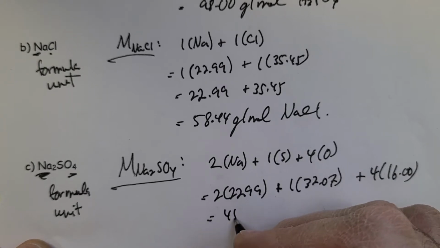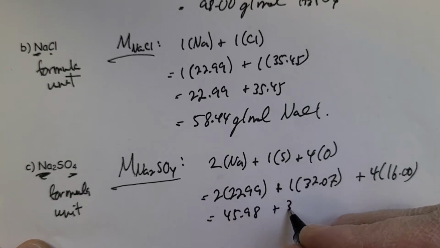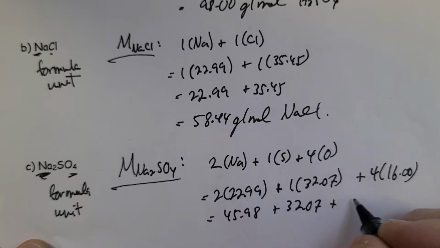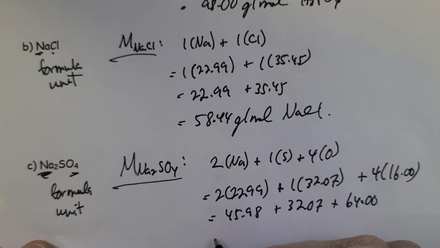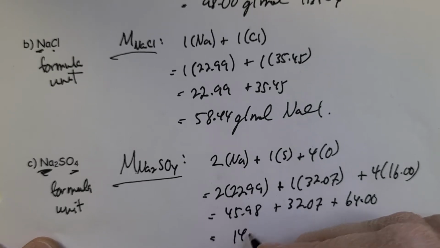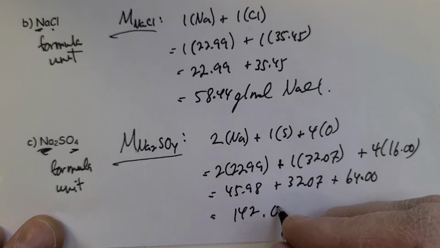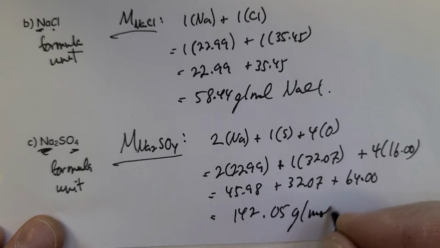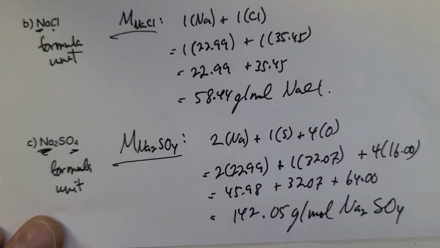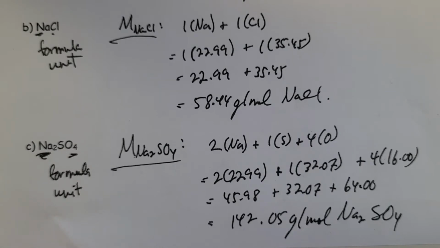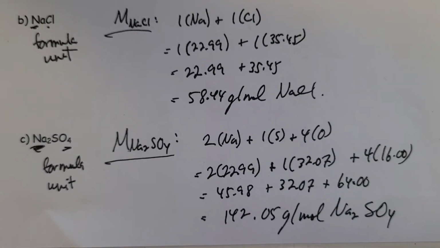That gives me 45.98, 32.07, and 64. Notice I'm only going 2 decimal places here. That's all you need to do. 142.05 grams per mole of sodium sulfate. That's how we figure out the molar mass of larger elements, compounds, formula units, etc.